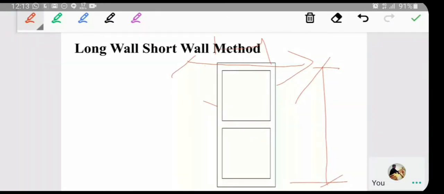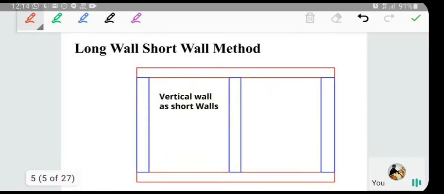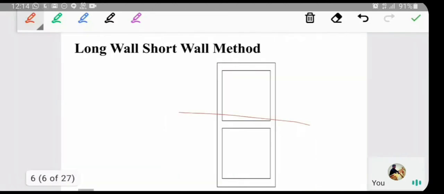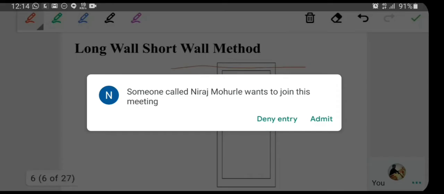So in this particular example, we are considering this horizontal wall as the long wall and this wall as the short wall. Now in this case, this wall is a long wall, the second wall is a long wall, and the third wall is a long wall. And these four walls will be considered as short walls.